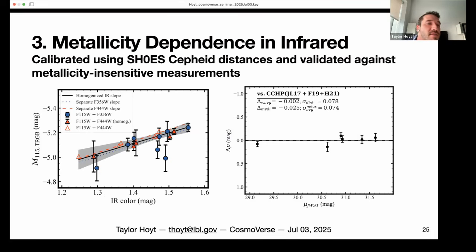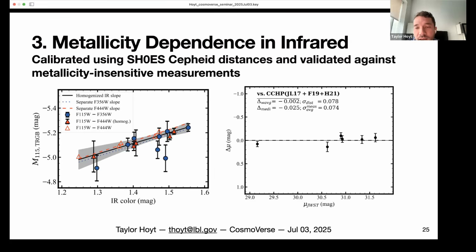Finally, the metallicity dependence in the infrared. On the left-hand panel, I show the brightness of the TRGB on the y-axis and the infrared color on the x-axis. You can ignore all the different points besides the filled points with black outline and the black line that fits them. This is how we fit out the metallicity dependence of the TRGB.